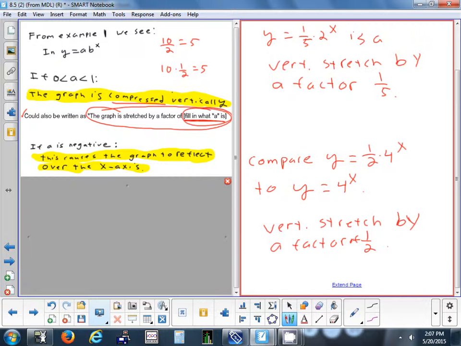Any questions on that? So everyone understands, a number less than 1, if you stretch it by that, it really causes it to compress. Number bigger than 1 causes it to stretch. Everyone's all right with those? All right.